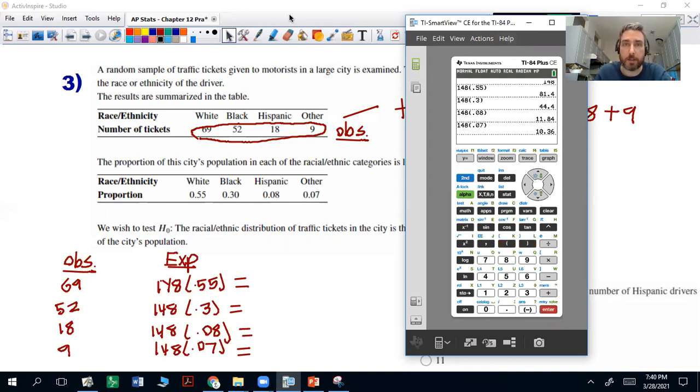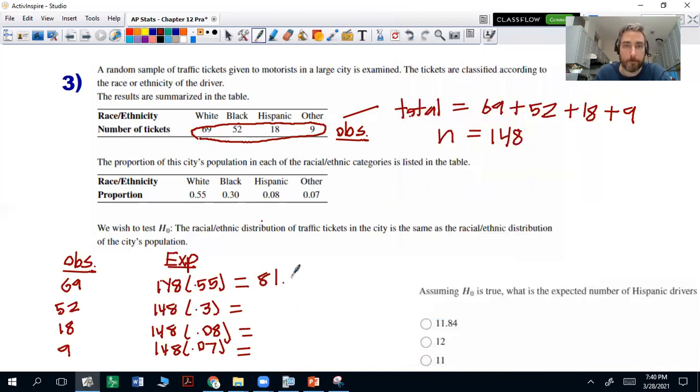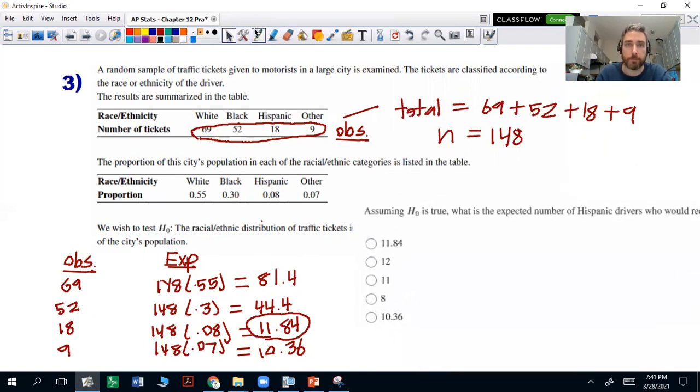So here are your four expected counts: 81.4, 44.4, 11.84, and 10.36. So Hispanic was the third one here. Our expected count for Hispanic would be 11.84. We'll come back to this table because we're going to run the test statistic.